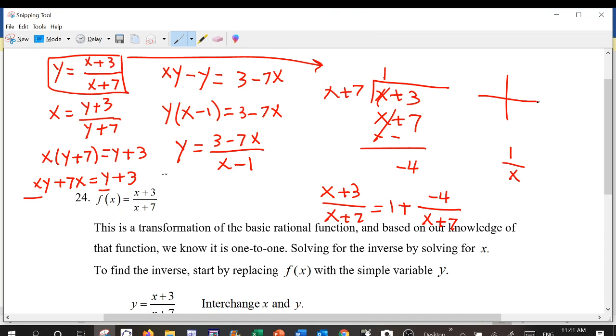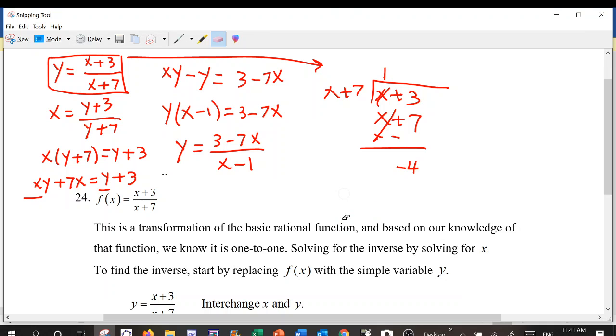So you know 1 over x looks kind of like that, right? If you move it around, it still keeps the fact that it is one-to-one, because there is no horizontal line that gives you two intersections. There's always one intersection or none. So this function is one-to-one.